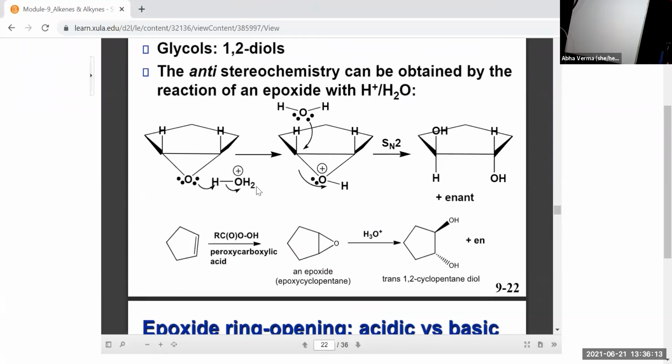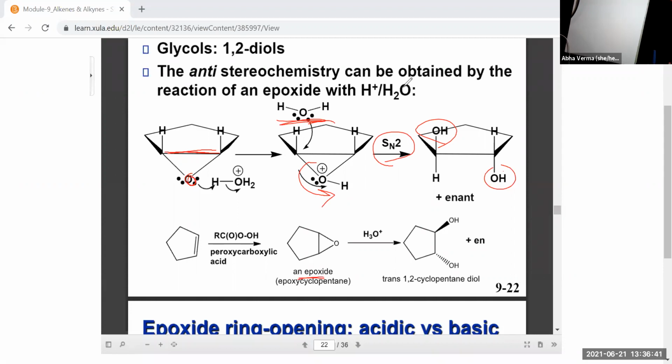This is just the mechanism of formation of a diol from an epoxide. You see this is the plane. Your epoxide is in one direction, and the incoming nucleophile comes from the other direction, so an anti kind of product is forming. This is an SN2 mechanism; the leaving group is on the other direction.